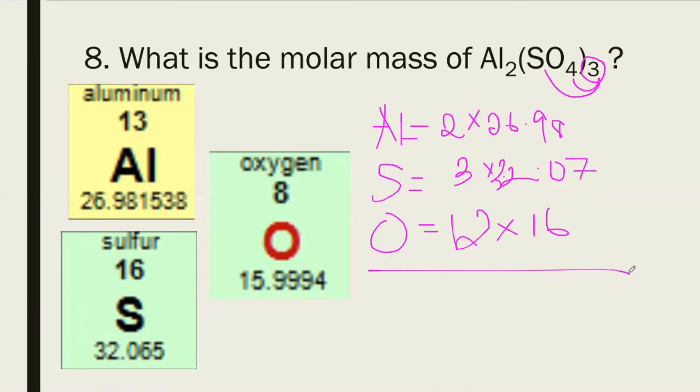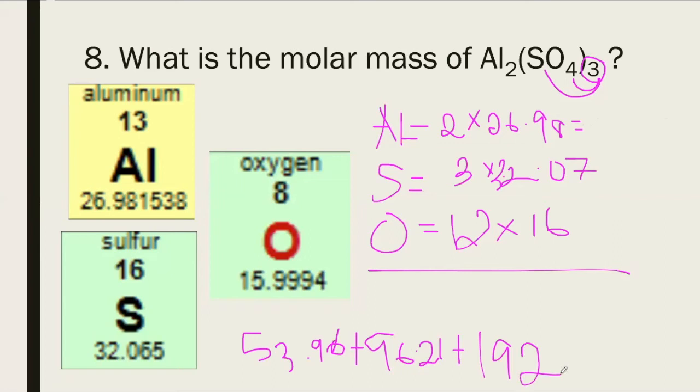So aluminum is 2 times 26.98 will give us 53.96 plus sulfur, which will give us 3 multiplied by 32.07, which gives us 96.21. And then oxygen, which gives us 12 times 16, which is 192.